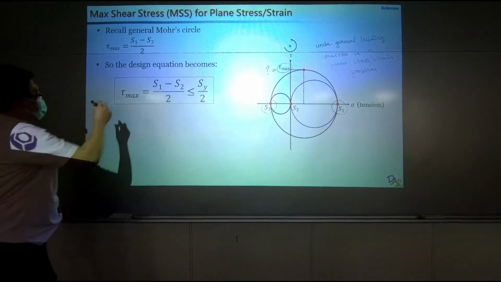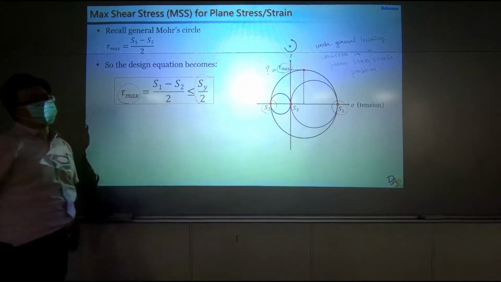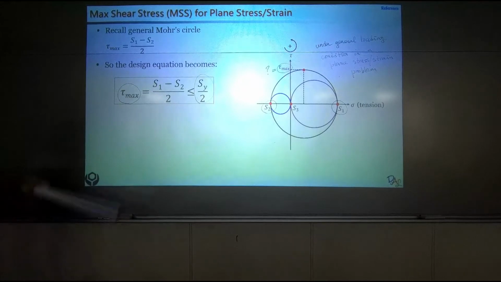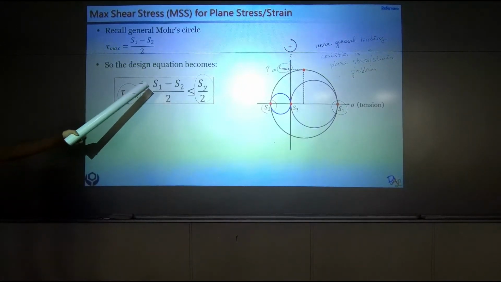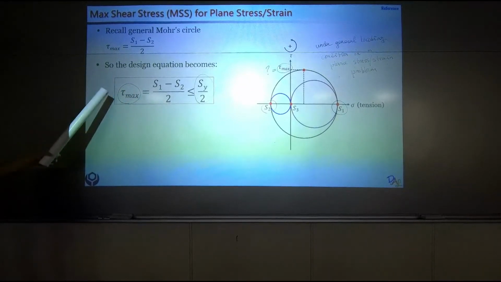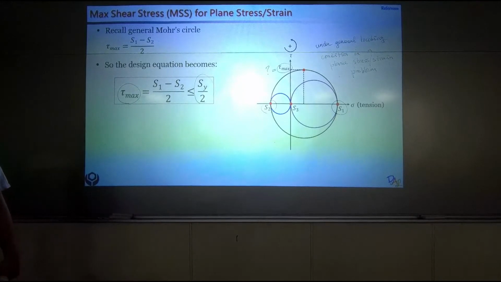Based on our idea, tau max should be smaller than half of your yielding strength. This concept is always there. Your tau max cannot be larger than half of your yield strength. So this is basically the calculation of your tau max based on this particular Mohr circle.